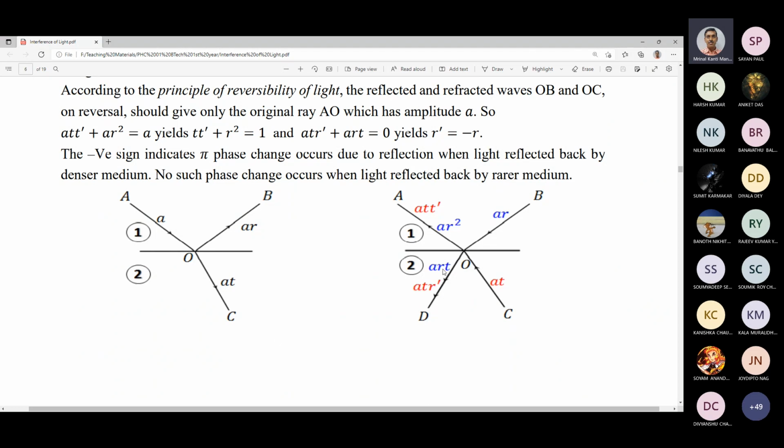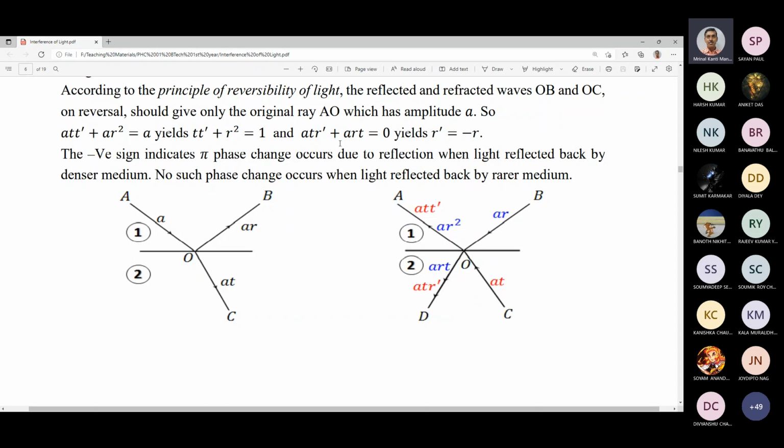And if we add AR squared plus ATT prime, that must be equal to A, because there is an incident beam of amplitude A. So we get TT prime plus R squared equal to 1, and ATR prime plus ART equal to 0.